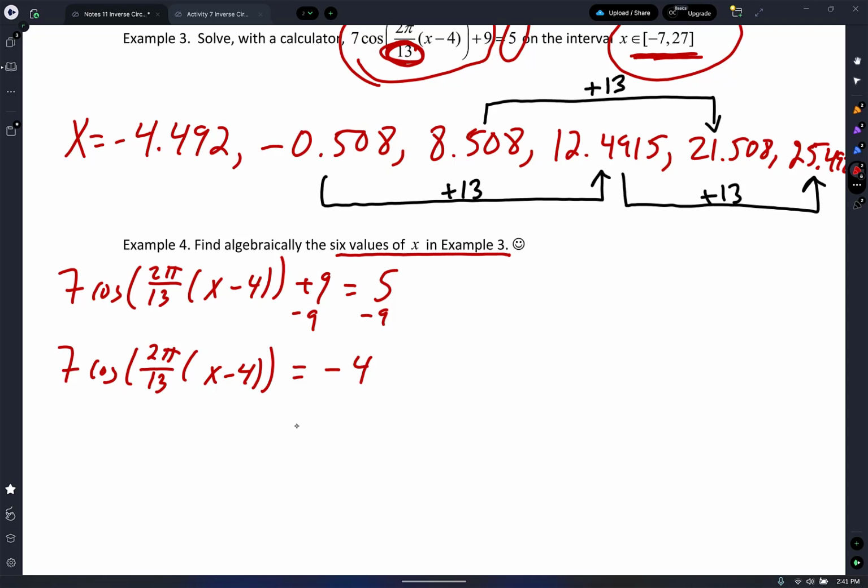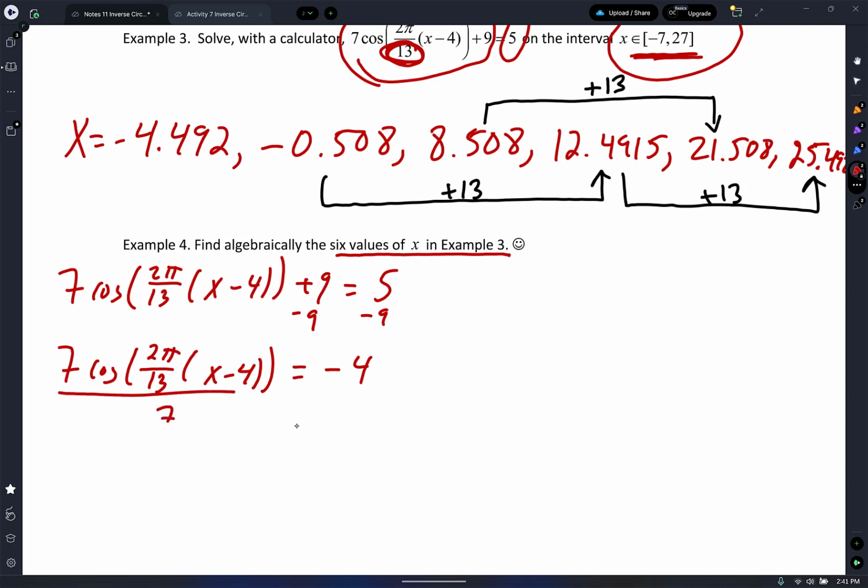The next move, this is just like chess. Actually it's easier than chess because you already know what the next move is. In chess, it depends on whoever you're playing. The next move: this is 7 times cosine of 2 pi over 13 x minus 4 equals negative 4. I got to get rid of that 7. How do I get rid of the 7? Divide by 7.